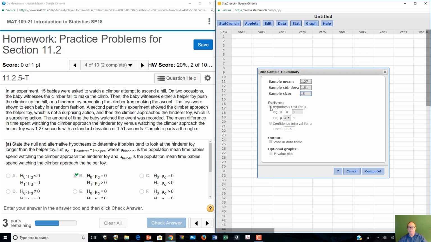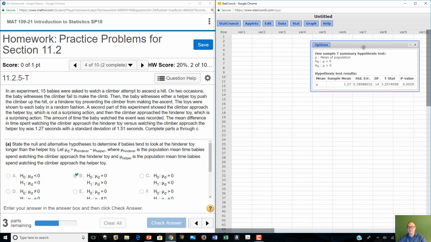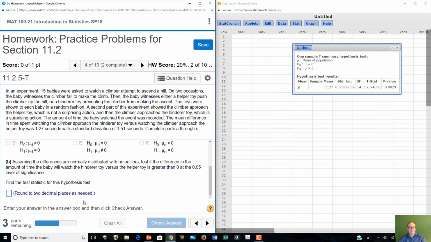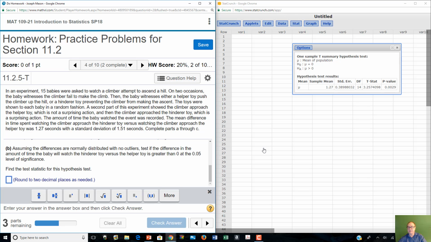I'm running a hypothesis test, so I assume there is no difference. So I assume mu equals 0, and I'm trying to show what? Greater than. So if I compute, I have this. And what was my question? The test statistic. Well, the test statistic, if you remember, is the t-stat.